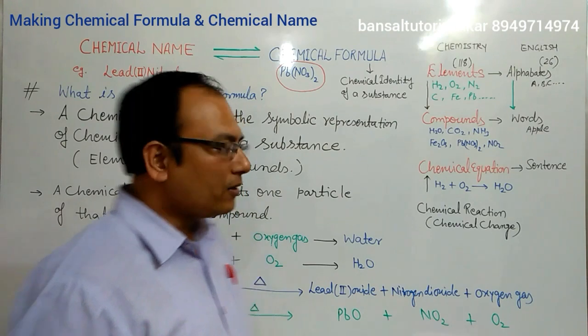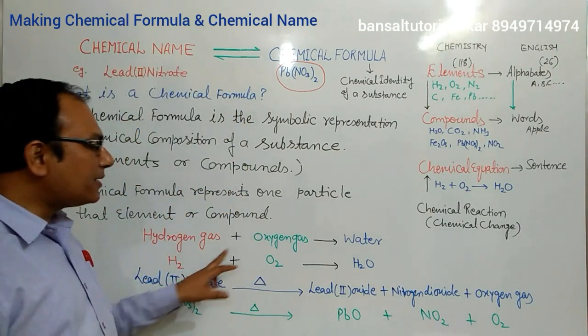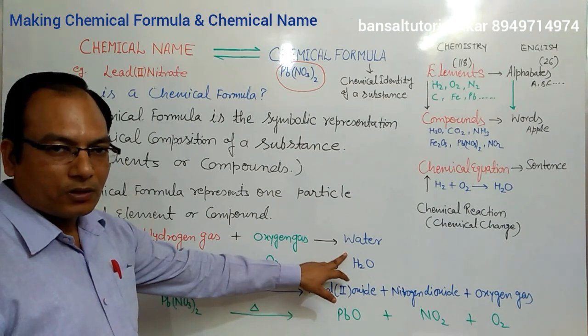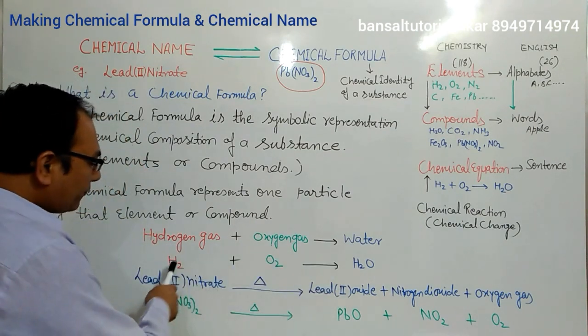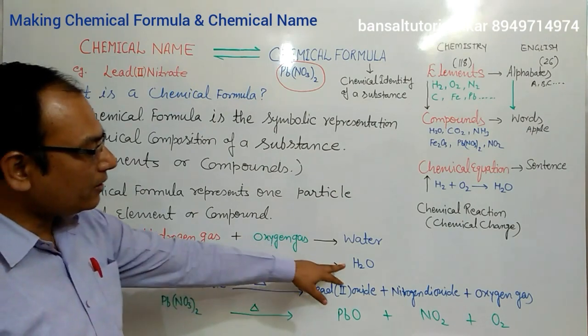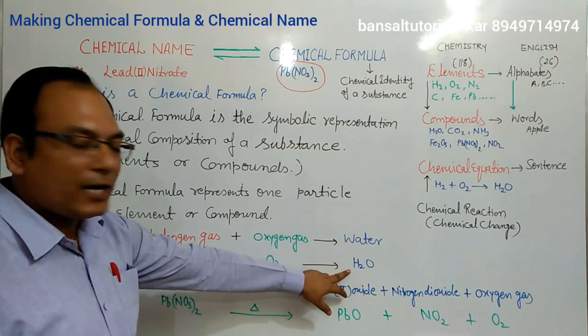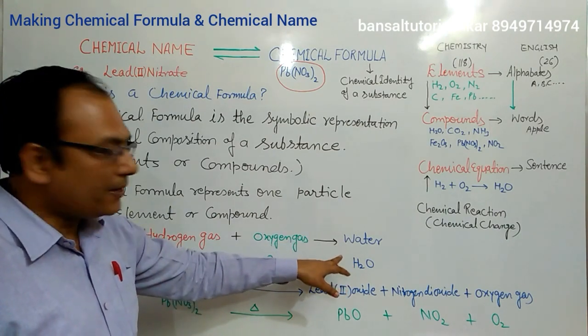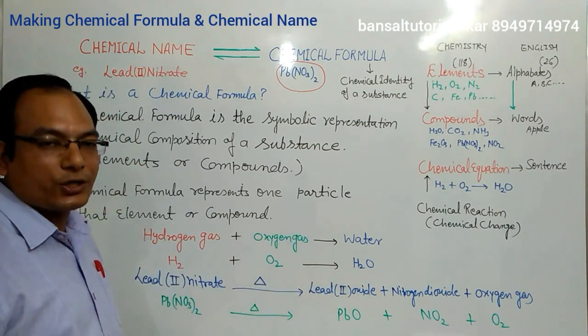For example, when hydrogen gas burns in oxygen, it converts into water. You can see that the formulas of the initial substances are different, and after the change, a new formula is forming. It means the chemical identity is changing, so that is a chemical reaction.